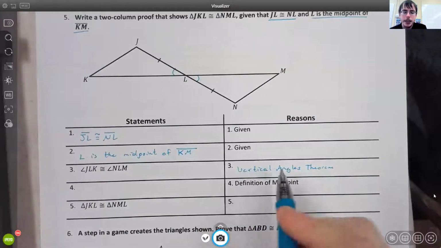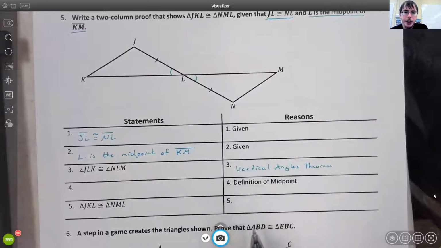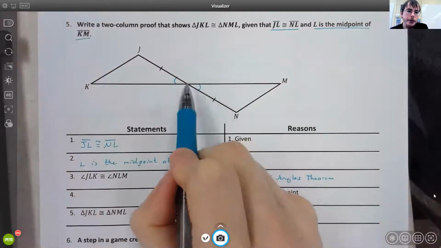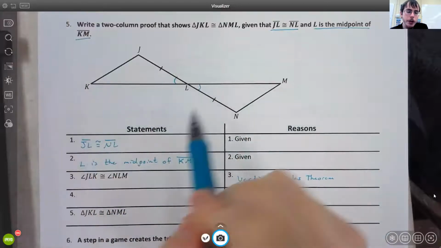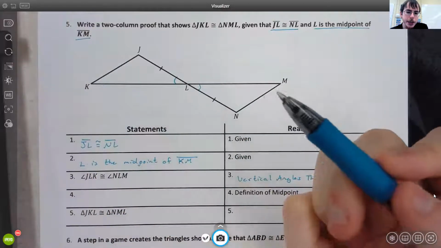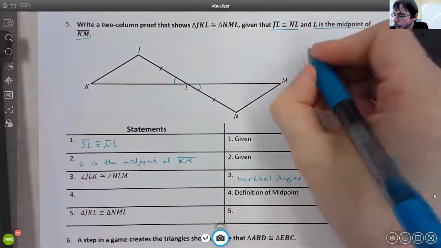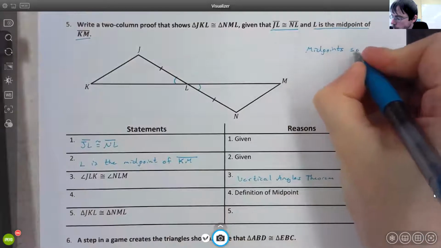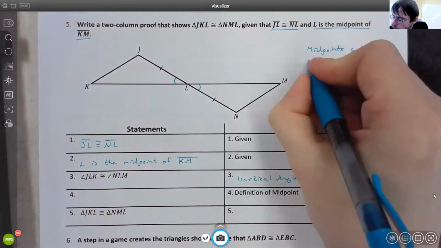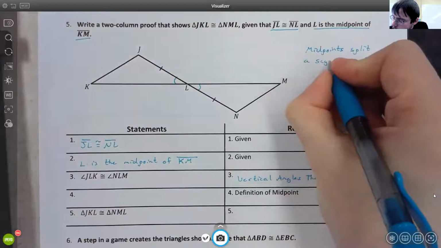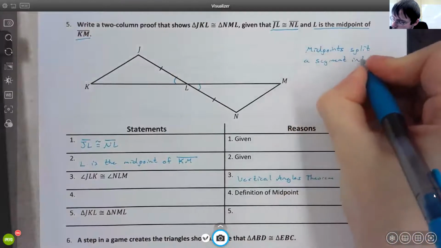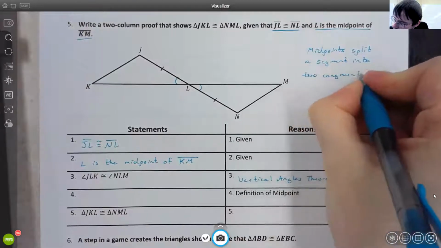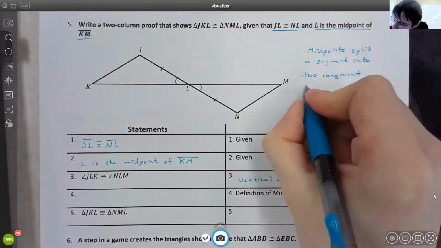All right, then the next one, it says the reason is the definition of midpoint. Again, if L is the midpoint of KM, remember that the midpoint means it's the center point. The midpoint splits a segment into 2 congruent segments.